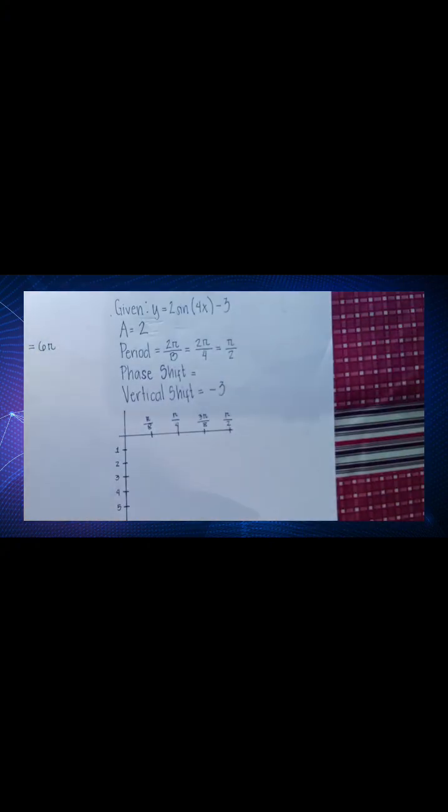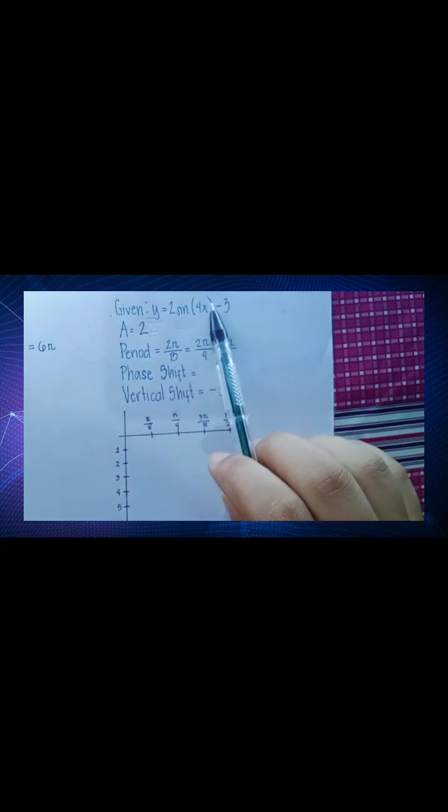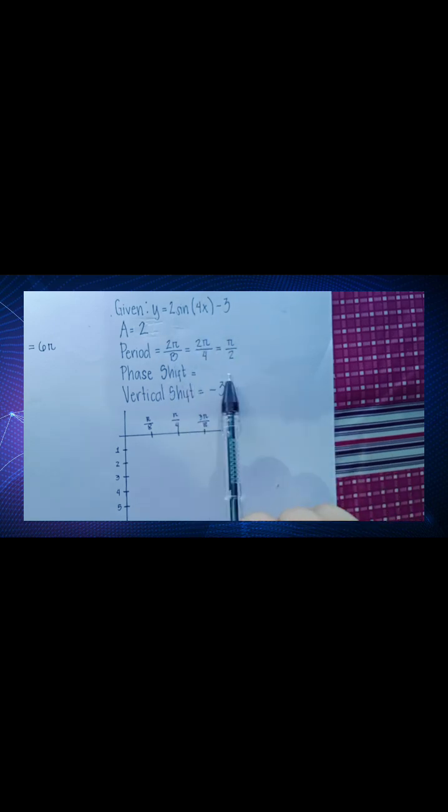It is pi over 2. So I repeat, we don't have a phase shift because we have no c in the general form, and then the vertical shift is equal to negative 3, because that is the given.